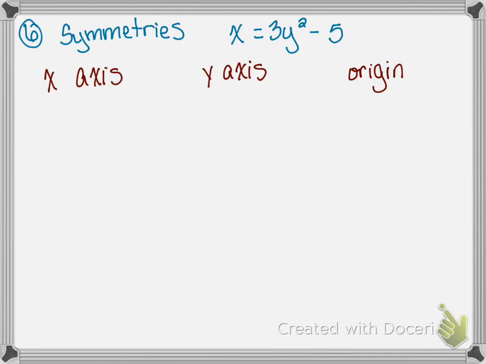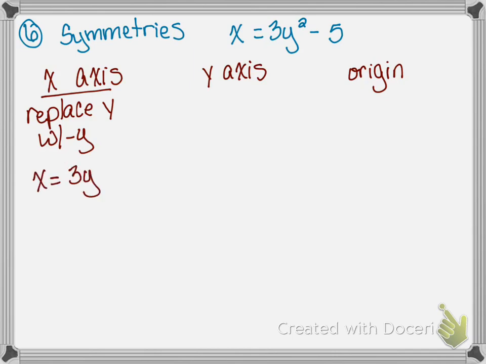x equals 3y squared minus 5. To determine if something is symmetrical across the x-axis, we replace y with -y. So here I have my original problem, x equals 3y squared minus 5.